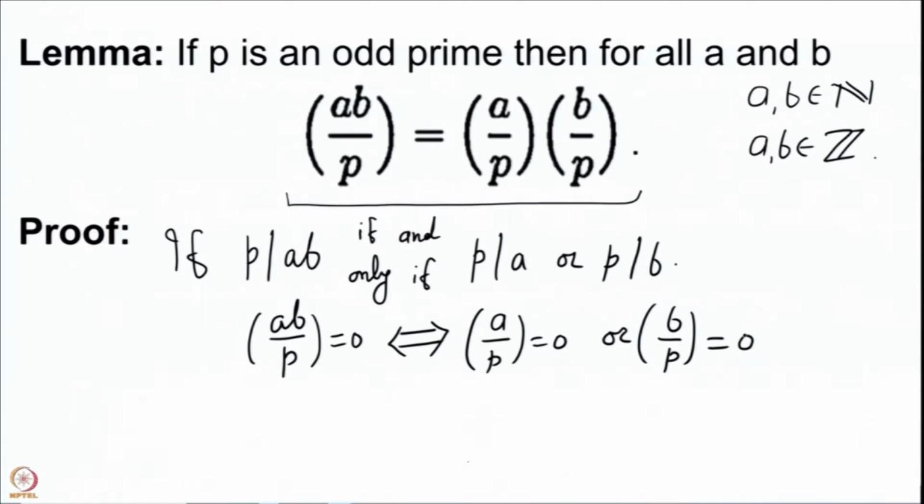On the right hand side of the if and only if symbol I have two numbers, and I am saying that this number is 0 or that number is 0. When you have two numbers and the possibility that one of them can be 0, this is written in terms of the product being 0.